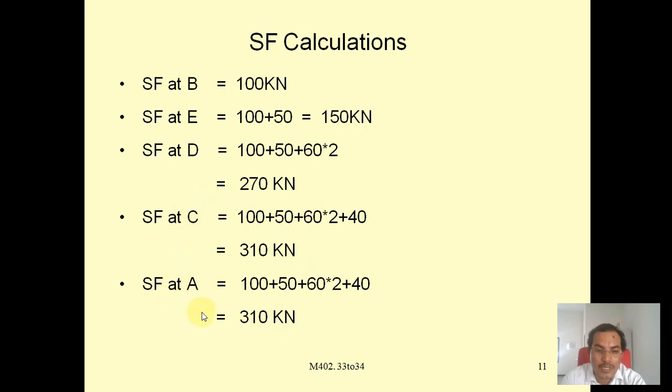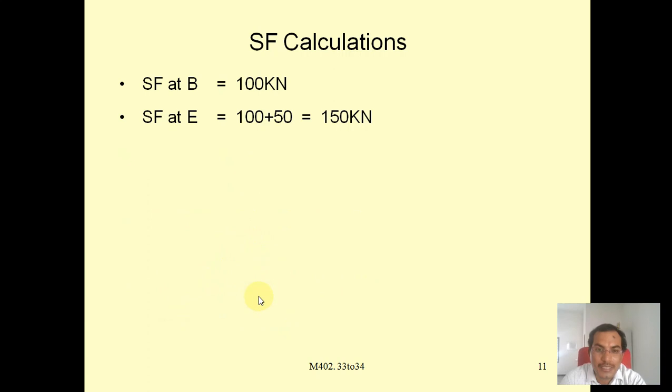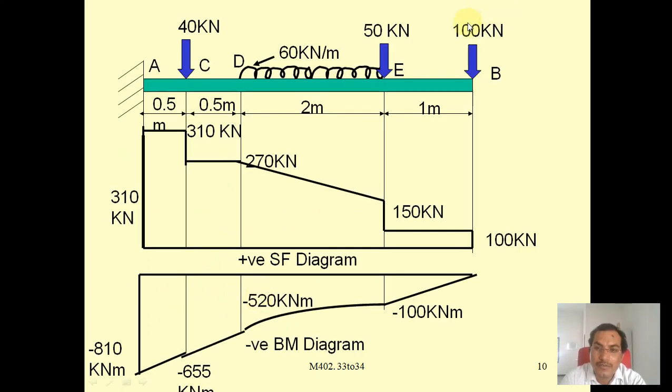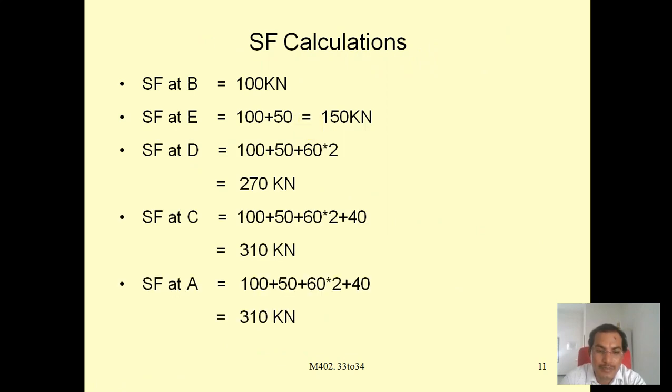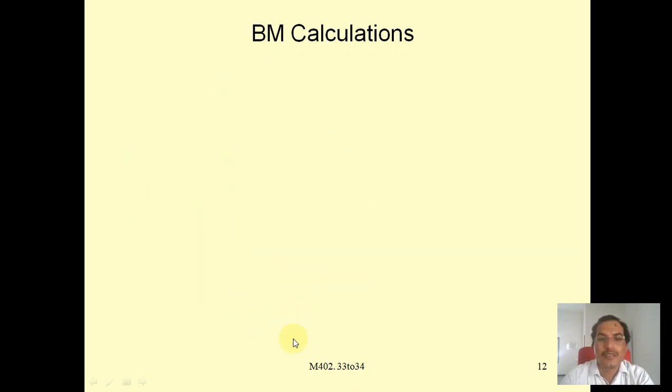At the same point C, we calculate 100 plus 50 plus 40 and 60 into 2. There is no change, and the A point answer is also the same. So A is 310 kilonewton as well, at the same point of load.